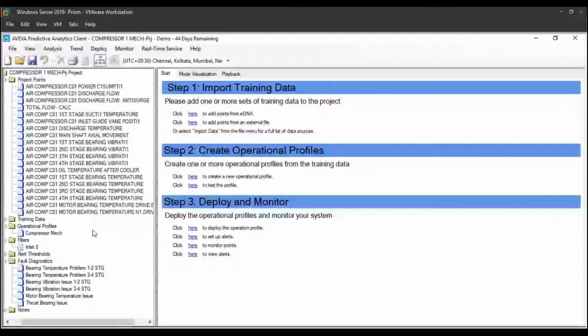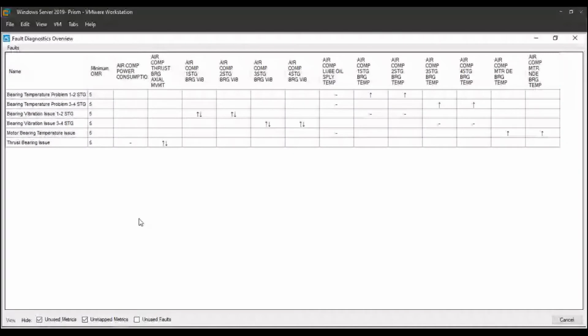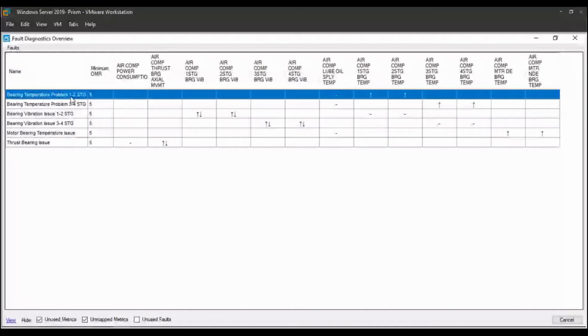Next, I'll go to the definitions of fault diagnostic for this particular compressor. I'll go through some of them. So for example, like I said, I have defined bearing temperature problem as a relationship in which the temperature of the lube oil supply to the bearings is constant, but at the same time, the temperature of my bearings is increasing.